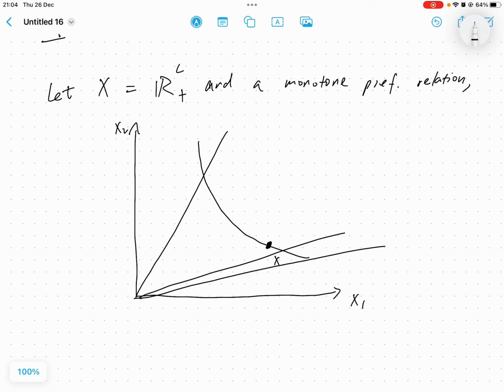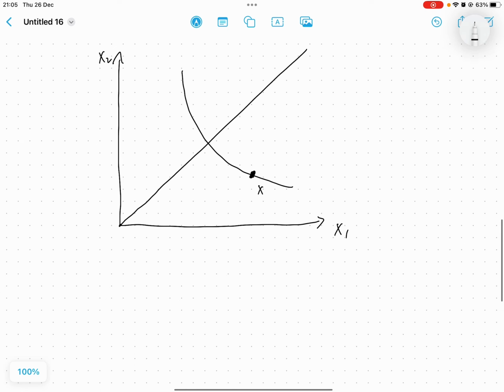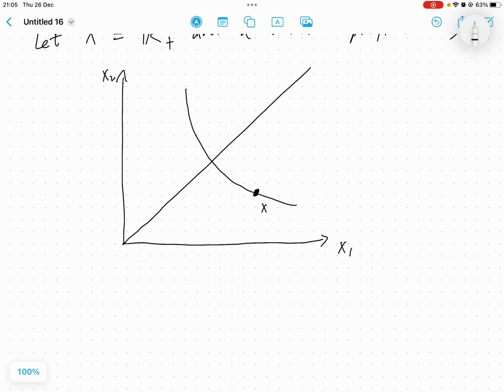Just for simplicity, we use the diagonal 45-degree line, which is easier to show the results and observe the patterns on the diagram. Let's denote this ray as Z, and this will be 45 degrees.